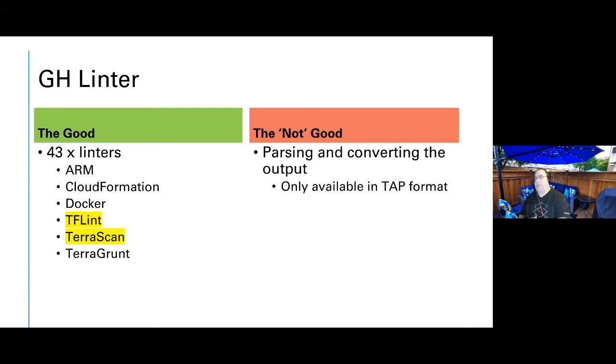Now, one other thing not good that I didn't put on here because it's hopefully only temporarily not good. Unfortunately, lately, the last couple of weeks or so, the GitHub linter has not been working for me. Every time I run the linter, it fails to recognize the directory as a Git repo and doesn't find any files in it.